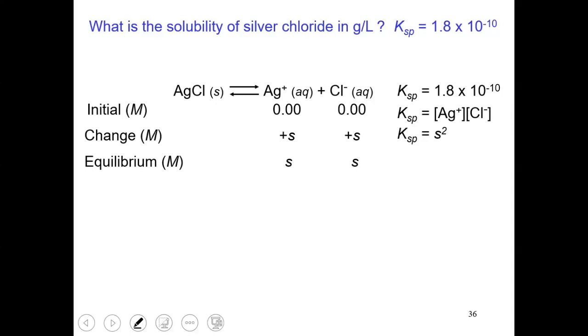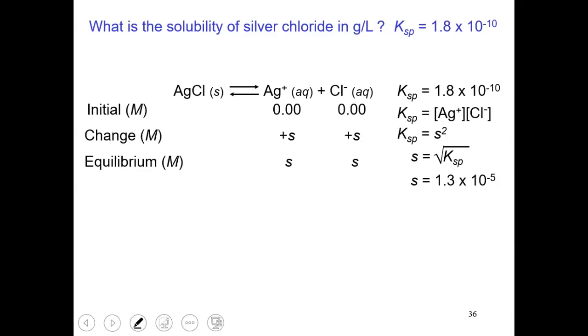But we don't know what S is. We're trying to find out what it is. So S is going to be the square root of the KSP, square root of 1.8 times 10 to the negative 10. It's 1.3 times 10 to the negative 5. That number represents the molar solubility of this compound. These are the number of moles per liter of silver chloride that will actually be dissolved.